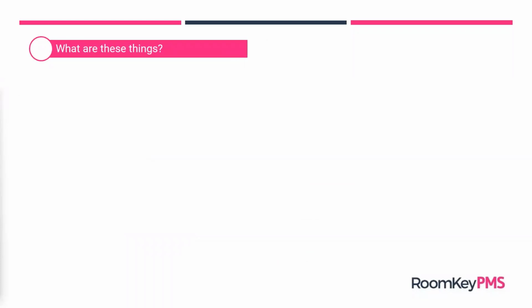So diving right into our topic for today, packages, inclusions, guest services, and add-ons, what are these things? They are all based on services that are added to or bundled with a room rate. So services could be anything that is not a guest room accommodation or a room rate. These could be a parking charge.